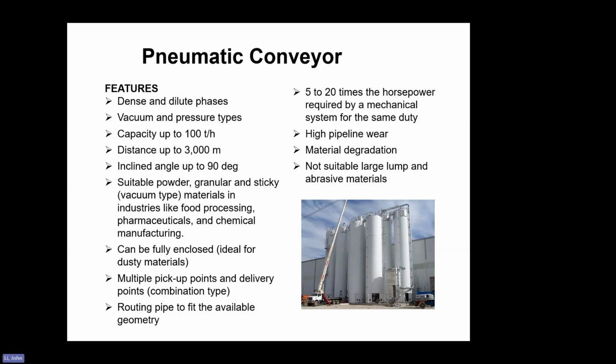Dilute phase is maybe just 20 or 30% of materials in the pipe. All particles will be suspended in the air, so it will be high speed for the dilute phase.